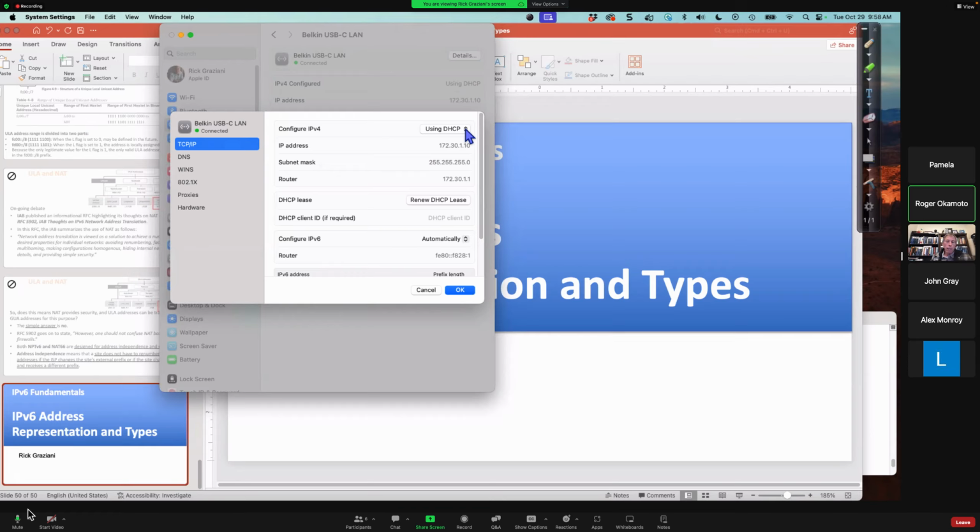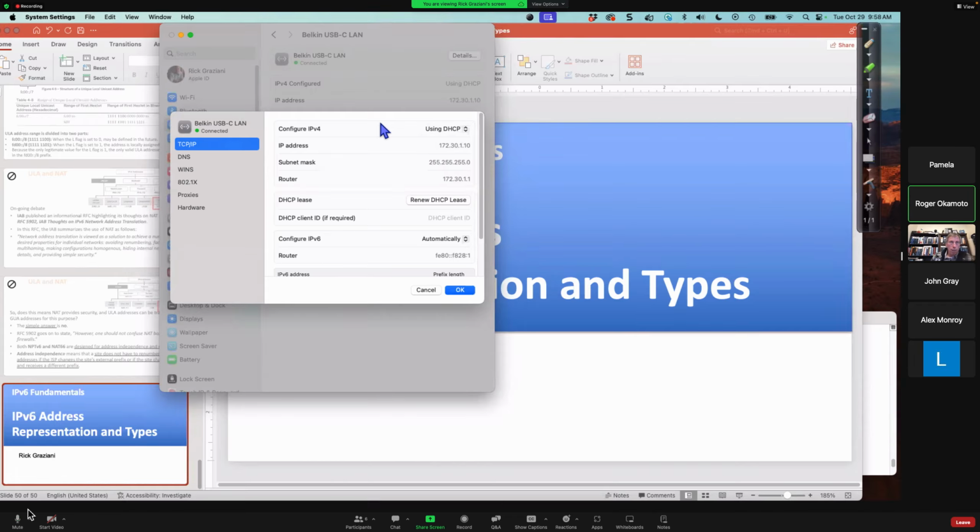I have a question about that panel. About which panel? The one to configure IPv4. So I was playing around with my computer and I turned it off, or maybe I did it manually. I don't know what I did, and my internet just stopped working. So I thought maybe I had a virus or something.